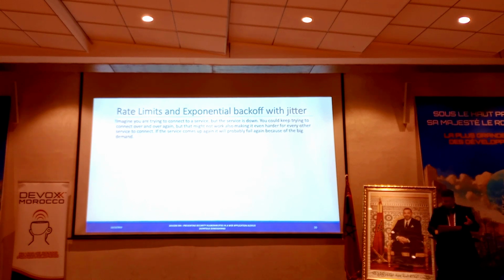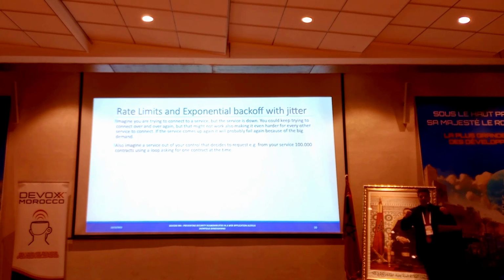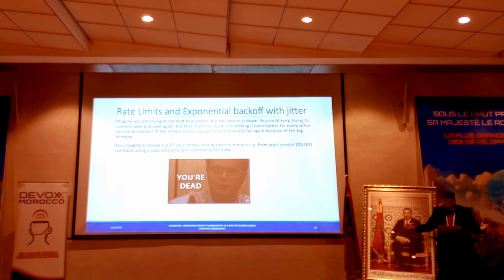To be more precise, imagine that you have an application which is out of your control that has a loop inside, asks for 100,000 contracts, and it asks one contract at a time. So it's actually hammering your application. What will happen? You are dead.